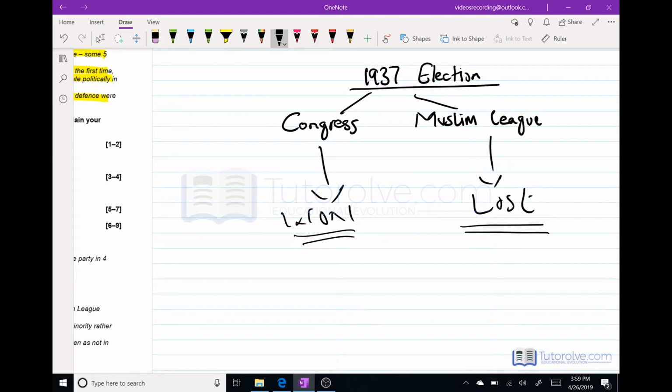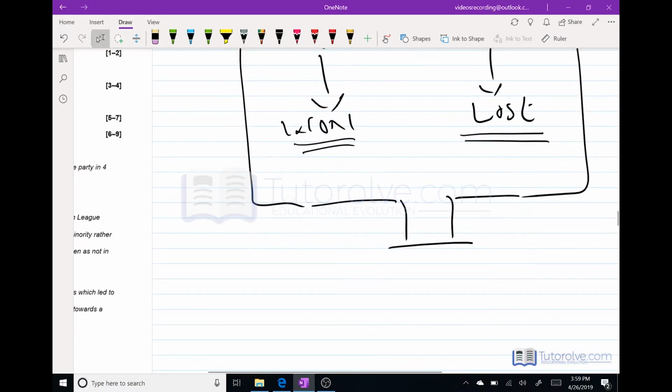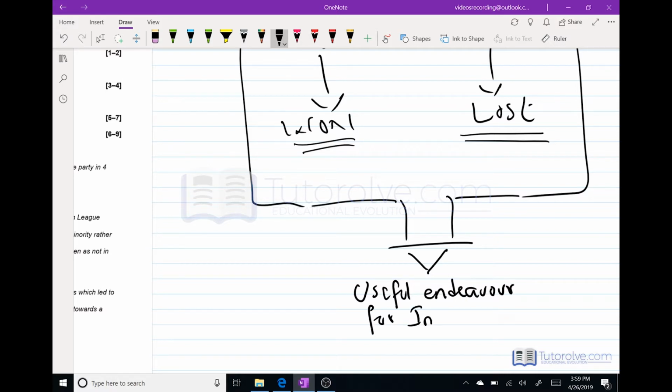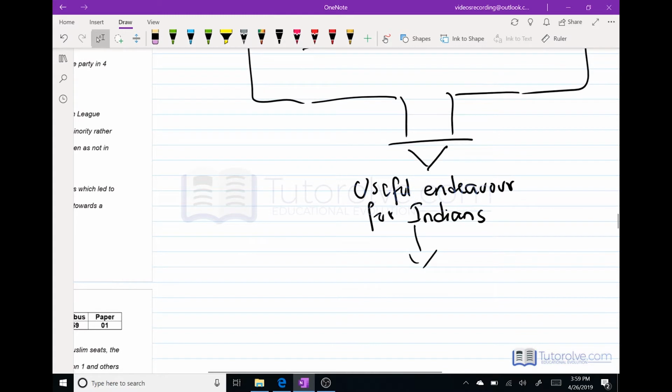election. But overall, in the larger scheme of things, this was a very useful endeavor for Indians in general, regardless of religion, because it was the first time that they had the right to elect their representatives.